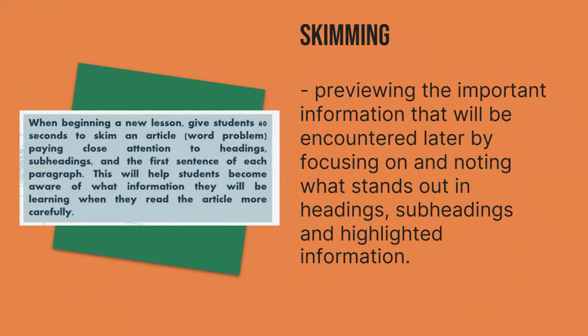An example here is when you begin a new lesson, give students 60 seconds to skim an article or a word problem. Let them pay attention to headings, subheadings, and the first sentence of each paragraph. This will help students become aware of what information they will be learning when they read the article more carefully.